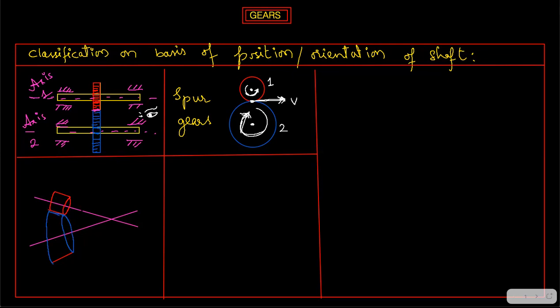So these two gears are in contact, and the teeth. Check the teeth. Okay, and this red gear. Right. So this is the way the gears are going to be oriented.